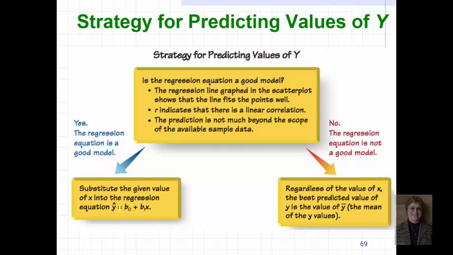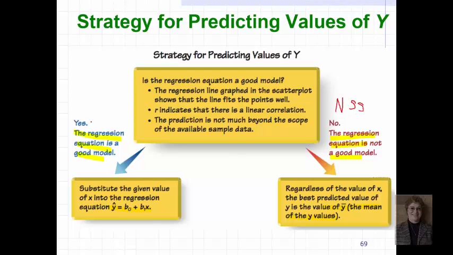Look at this graphic. We need to decide. If the regression equation is not a good model, then you simply use the mean of y as your best prediction. If the regression is a good model, then you use your line of least squares regression. Let's restate that. If it's not a good model, then your r was not statistically significant.